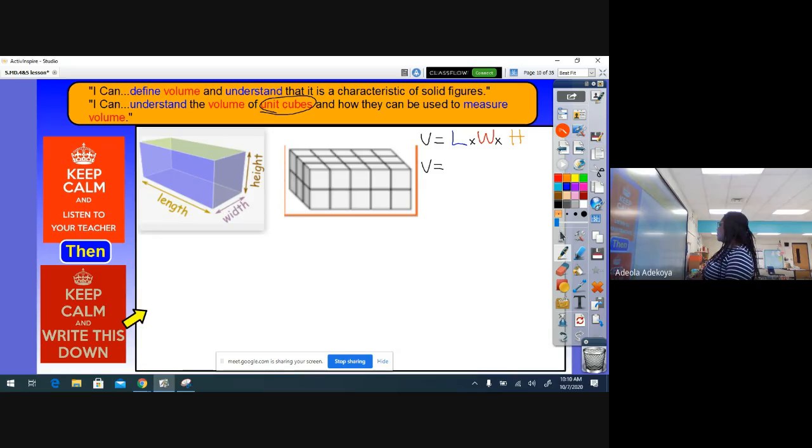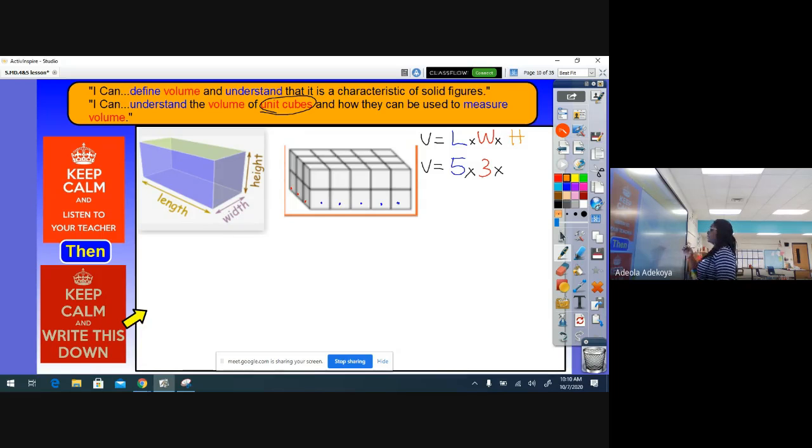So for here, my length right here is how long it is. I'm going to count using here in blue. 1, 2, 3, 4, 5. I'm going to plug in my 5 right here. And for my width, how wide? Got 1, 2, 3. I'm going to plug in my 3 right there.